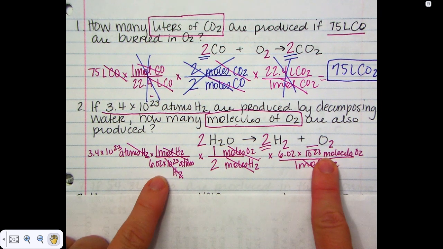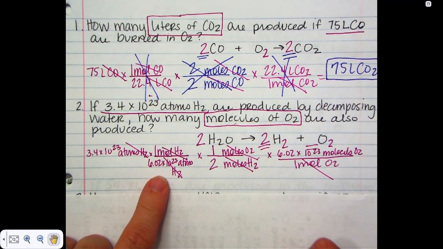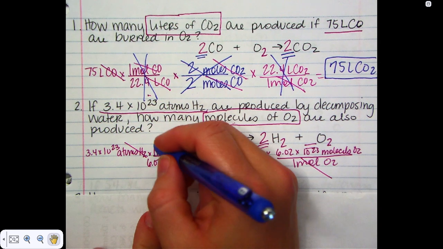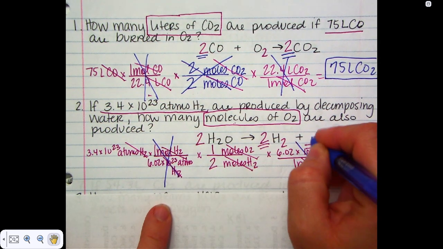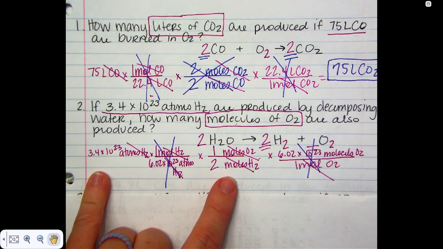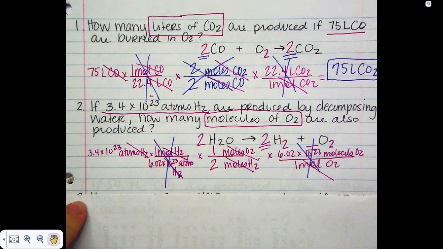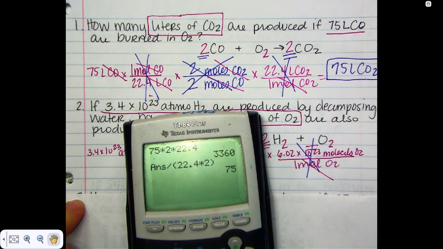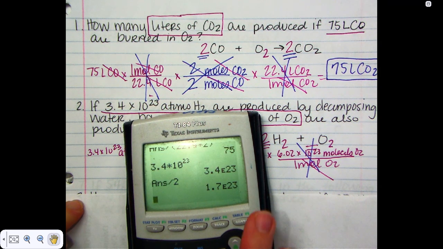I'm going to both multiply and divide by 6.02 times 10 to the 23rd. If I can get rid of that behemoth of a number, I'm going to do it. So now really what am I doing? I'm taking my 3.4 times 10 to the 23rd and I'm dividing by 2. Okay. So 3.4 times 10 to the 23rd divided by 2, 1.7 times 10 to the 23rd.